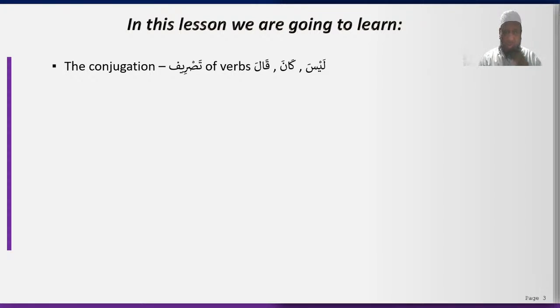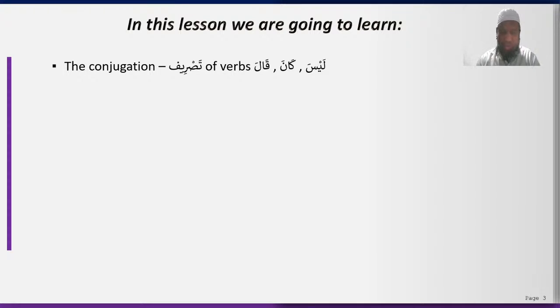In this lesson we're going to learn the conjugation of the verb ليس, كان and قال. In the previous two lessons we conjugated the verb ليس and the verb كان. So in today's lesson we look at the verb قال.